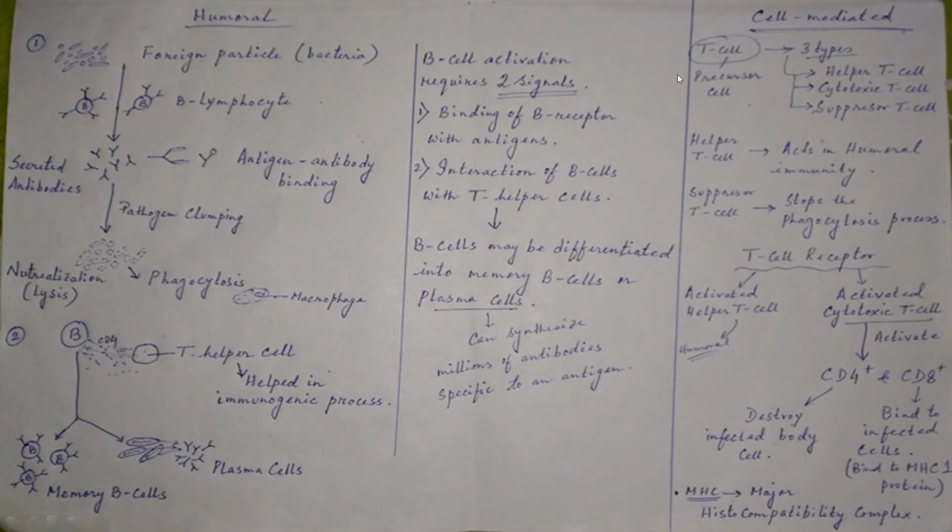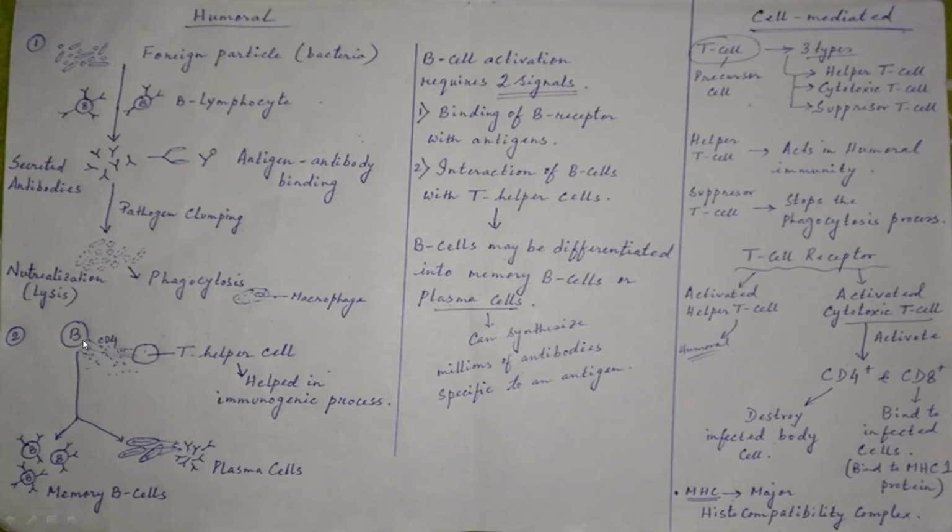Clear? And cell mediated, here actually T cells, that is the precocious cells, are of three types: helper T cells, cytotoxic T cells, and suppressor T cells. Now out of those three, helper T cells act in humoral immunity.